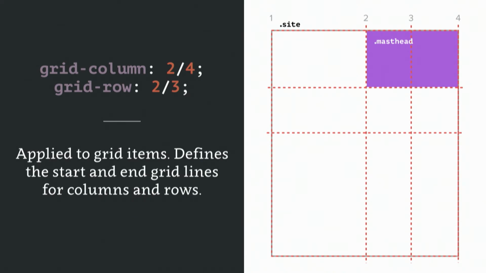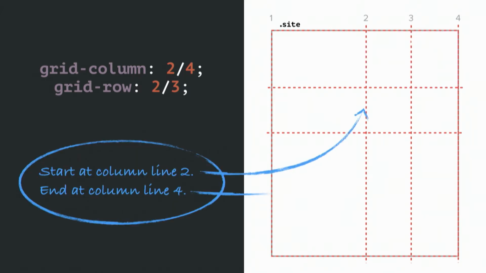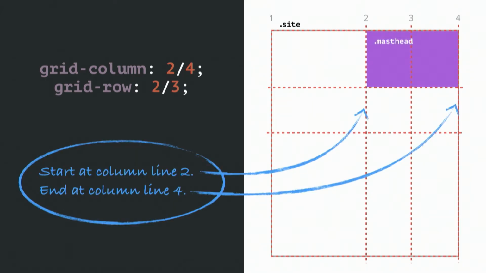And the way you do that is by going to each individual item in CSS and declaring grid column and grid row. And here, what I've done is pointed out which line numbers I want the item to appear between. So for instance, if I say grid column 2 to 4, the item gets placed between line 2 and line 4.